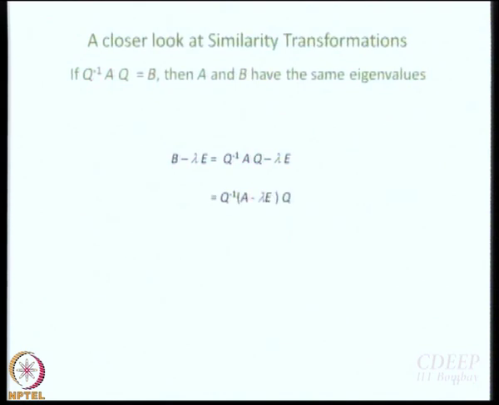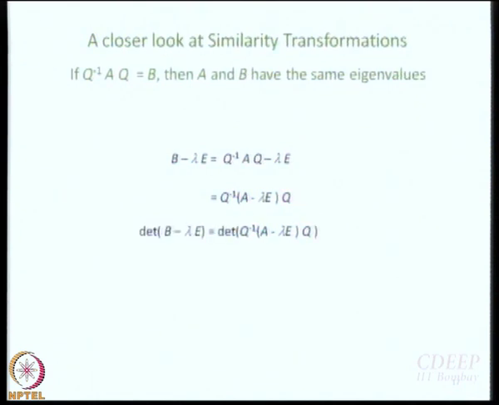So now from there, will you allow me to write Q inverse A minus lambda E Q? Can I do that? Lambda is a scalar and E is unit matrix, that is why I can do it, right.